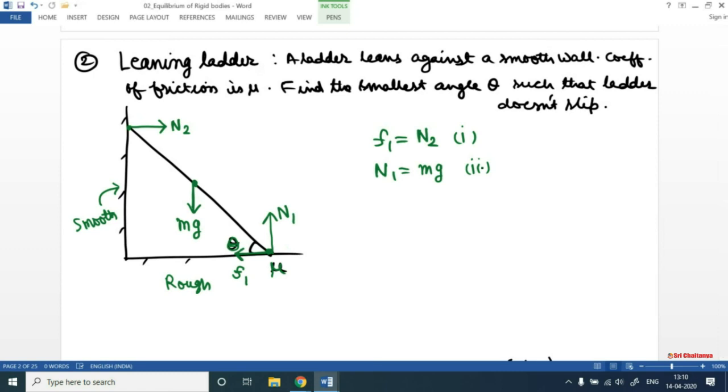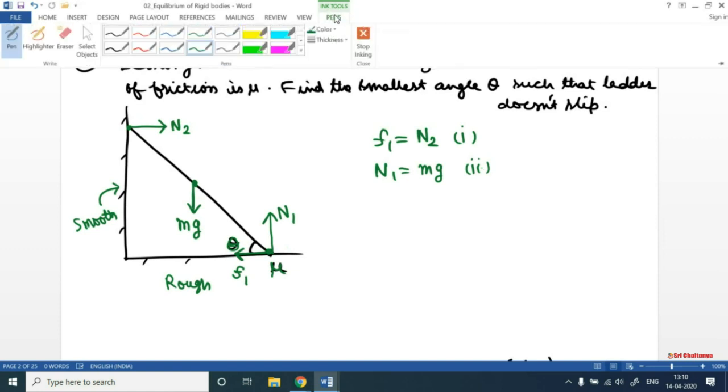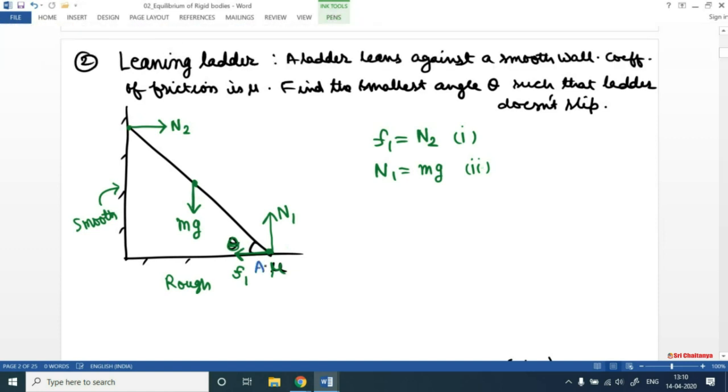Which axis must we choose? Let's say this point is A, this point is B, and this point is C. The wise way of doing it is to choose the axis such that the torque due to as many forces as possible becomes 0.